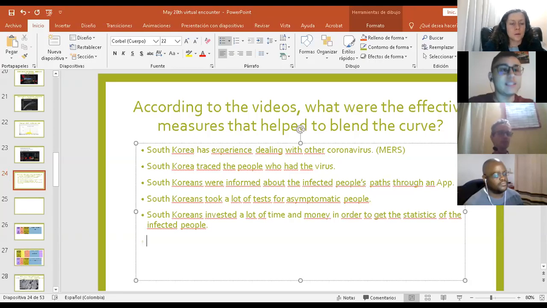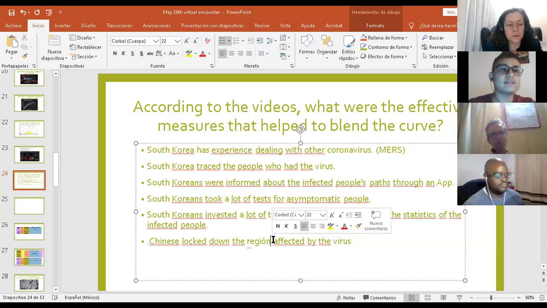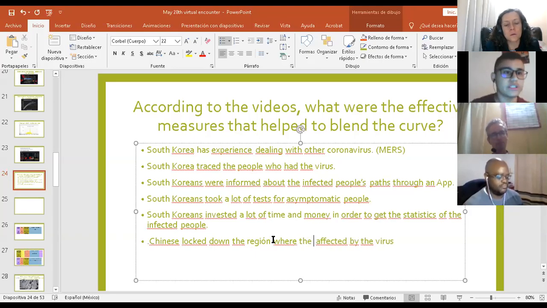They took a dramatic measure: to lock down the region where the virus started. They locked down all the region, and then other regions did the same.